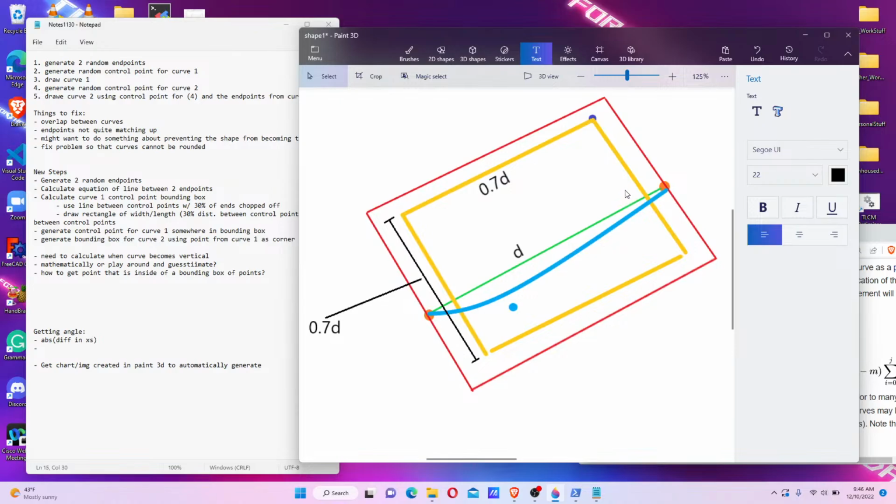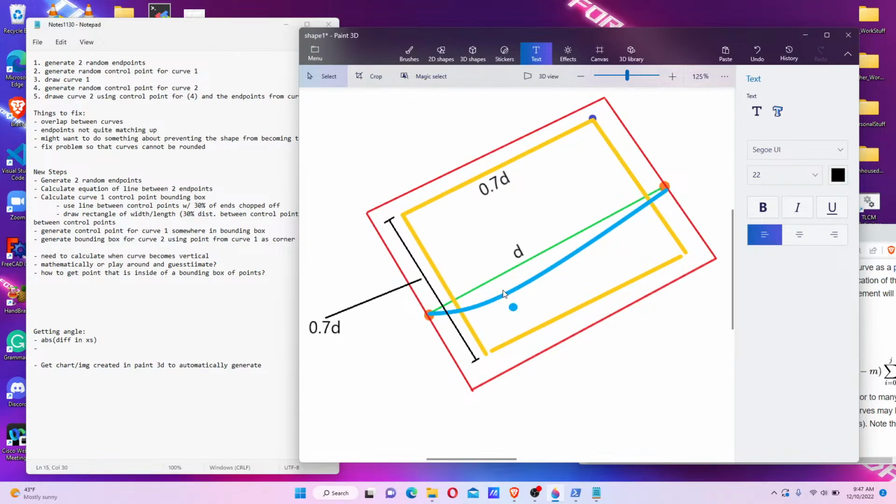Now we need another, so we get this control point. Generate bounding box for curve 2 using point from curve 1 as corner. So I guess the point should be something like this.